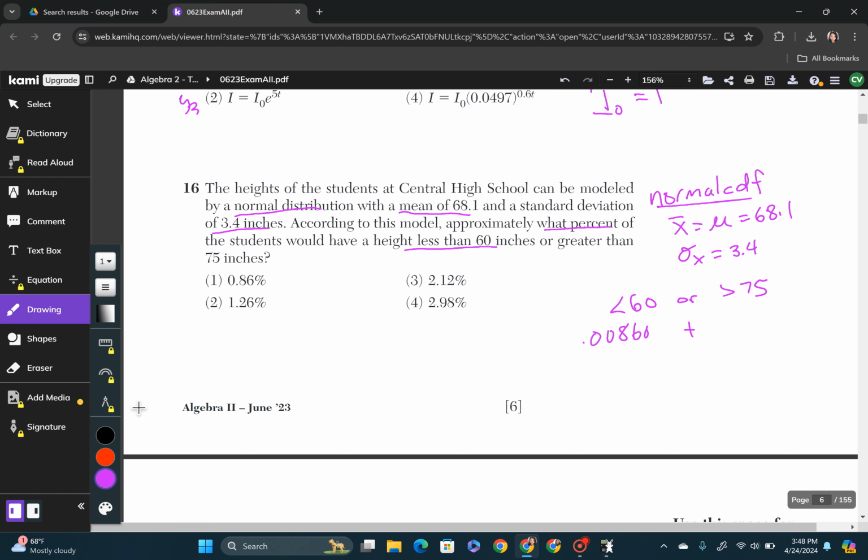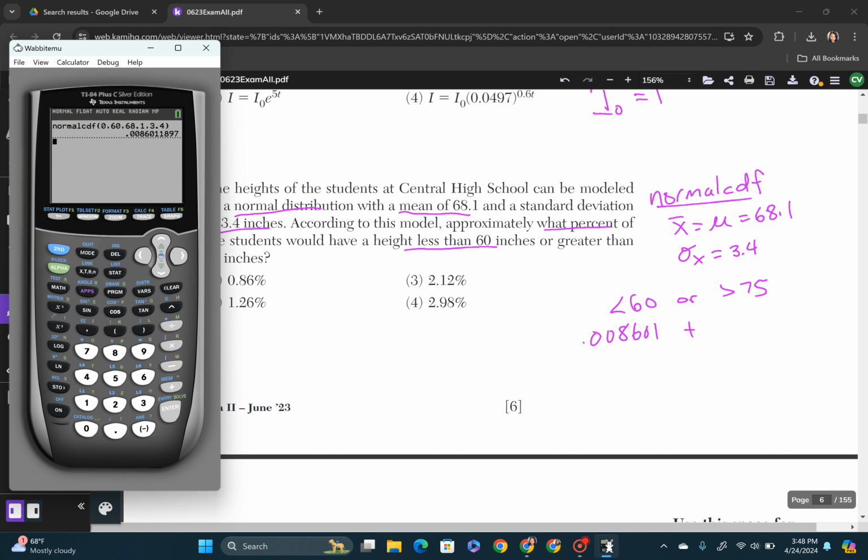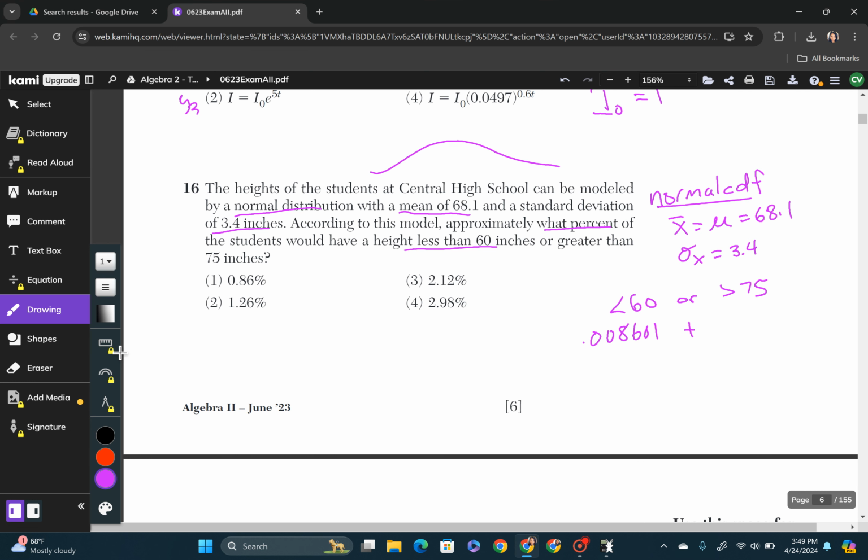Let me just make sure. Okay. And then greater than 75. So I'm going to go back to my second vars, normal CDF still. And now it says greater than 75, so 75 is my lower. So basically I have two numbers here. Less than 60, I found out is 0.008601. This is less than 60 or greater than 75, so I also want to know all of this.